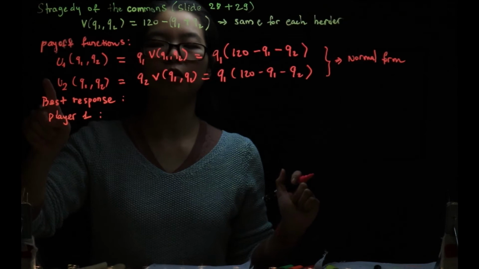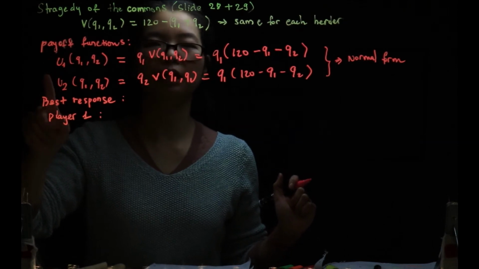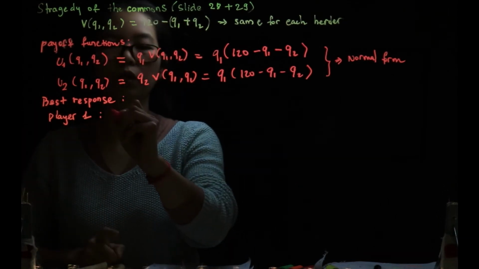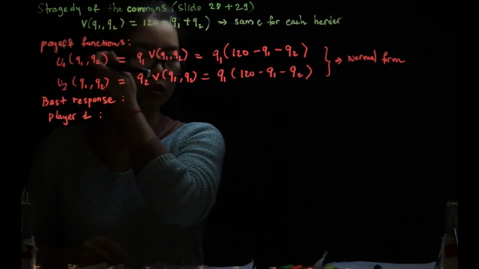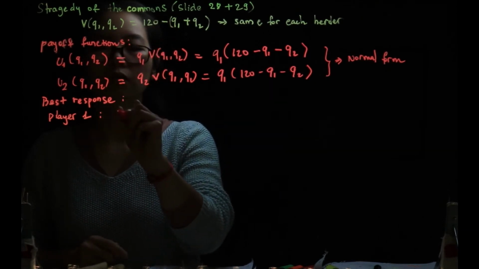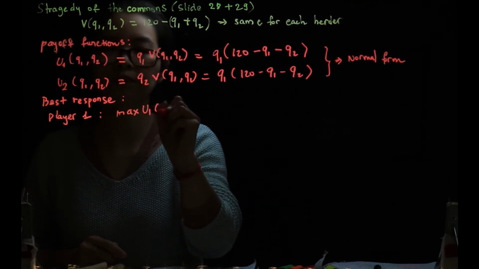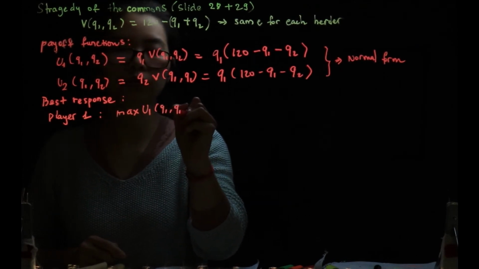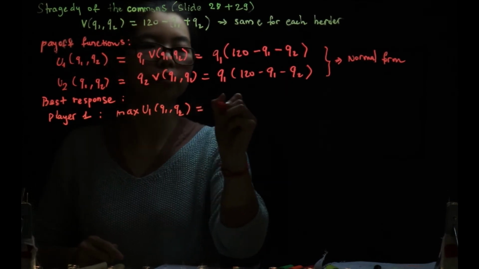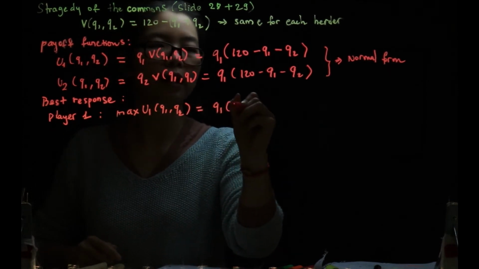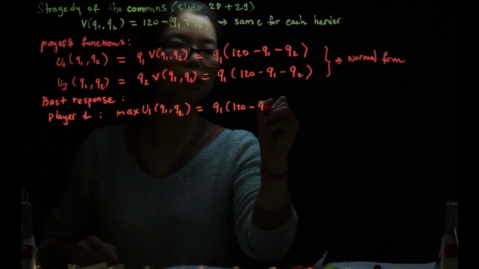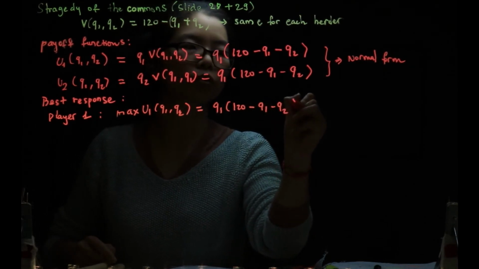And this is the payoff. So you actually maximize your payoff. It's always the case in a rational setup. Now, the problem becomes max over Q1 of U1(Q1, Q2) equals Q1 times (120 minus Q1 minus Q2).